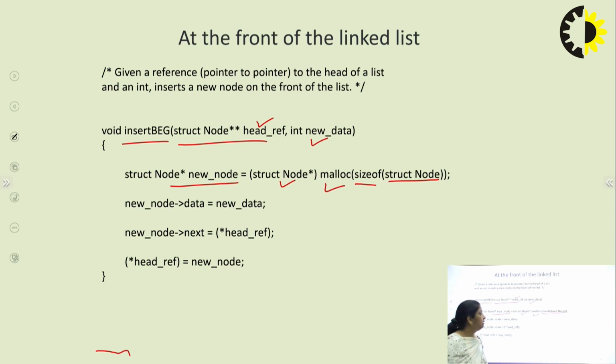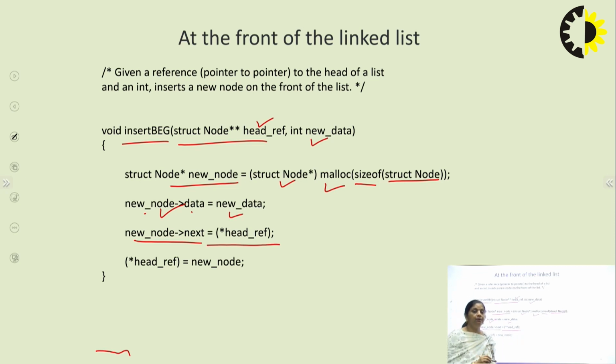Now the data will be put in the new node. So new node data is the new data that we have to store, which we have sent in the function. What will the pointer be? The pointer will point to the head reference, the head node. So it is star head reference. So what is done?